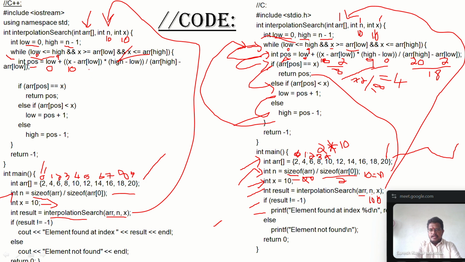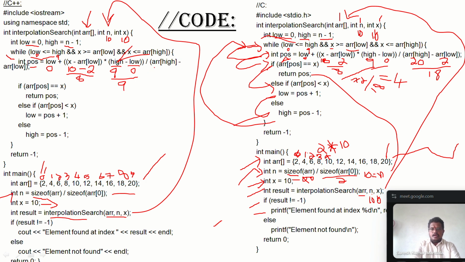So I am writing 2. 10 minus 2, what value will I get? 8. And here, high: what is the high value? 9. 9 minus low, and low is 0. 9 minus 0 is 9.